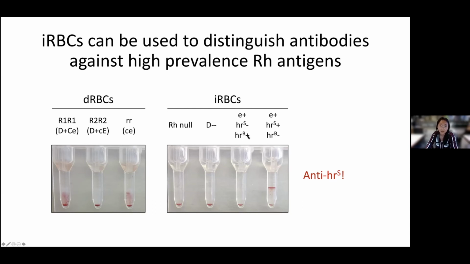And then you have our two IRBCs that are both little e positive, but negative for one high prevalence antigen each. So the first one is HRS negative, HRB positive, and the second one is HRS positive and HRB negative. So looking at these two agglutination patterns, you would actually say that this antibody is anti-HRS and not just an anti-little e.